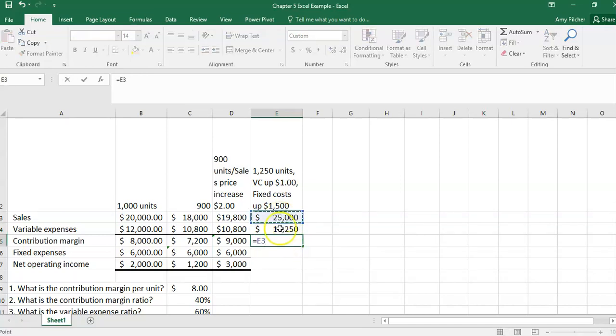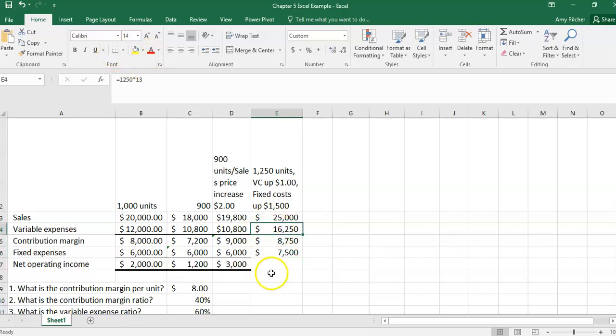Our contribution margin is sales minus variable costs. Our fixed expenses have increased. We increased our advertising expense. So our fixed costs were $6,000 and we're adding $1,500 in advertising costs.